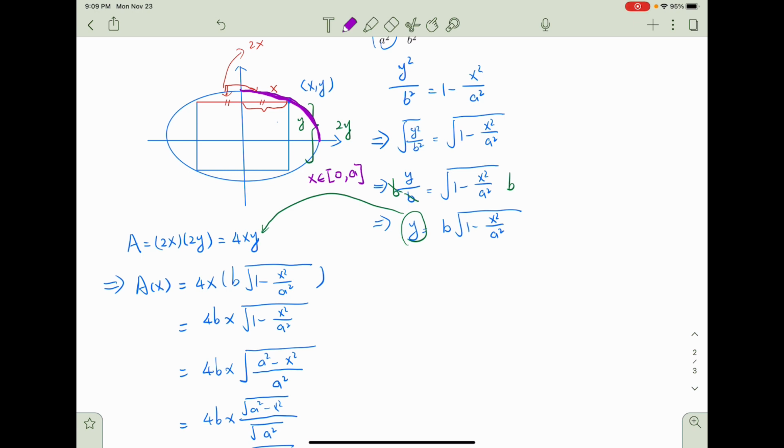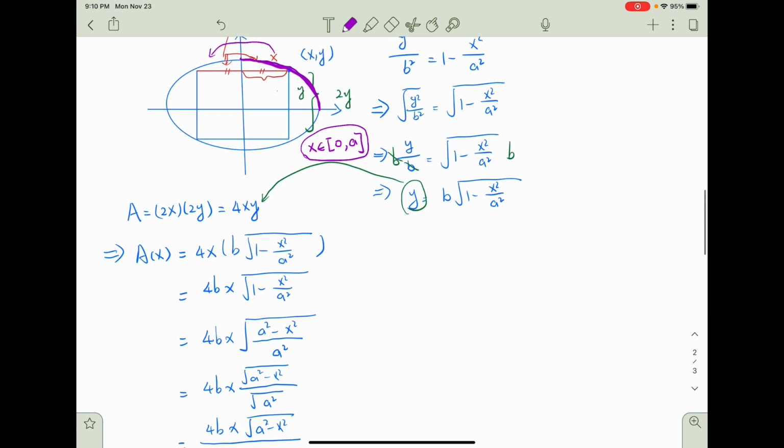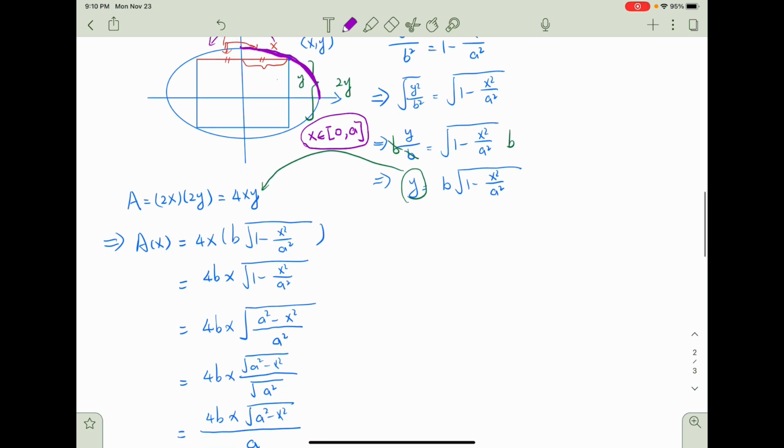If you move this point across the y-axis to the other side, then you're just essentially mirroring this rectangle to the other side. So it gives you the same kind of stuff, right? So it is unnecessary to assume x to be a negative value. So only considering x in this interval will give us the answer.